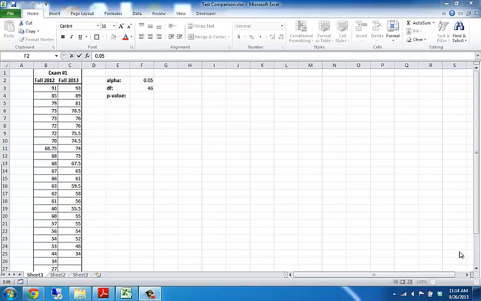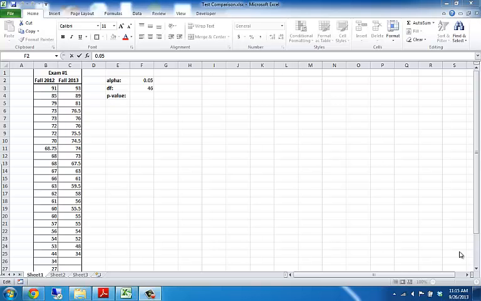And the cool thing about Excel is when you do this test in Excel, it actually just spits out the p-value. So we don't actually need to go and find our critical value for this test because it will just actually give us the specific p-value for that test, and then we can just directly compare that to the alpha level. So I'm actually going to show the means across these two sections after I calculate the t-test.